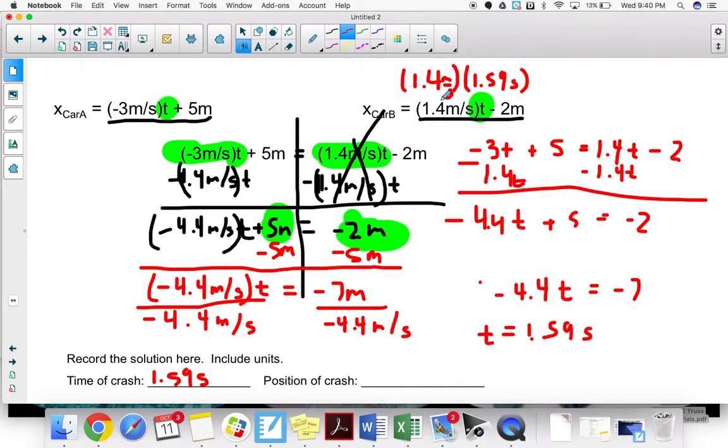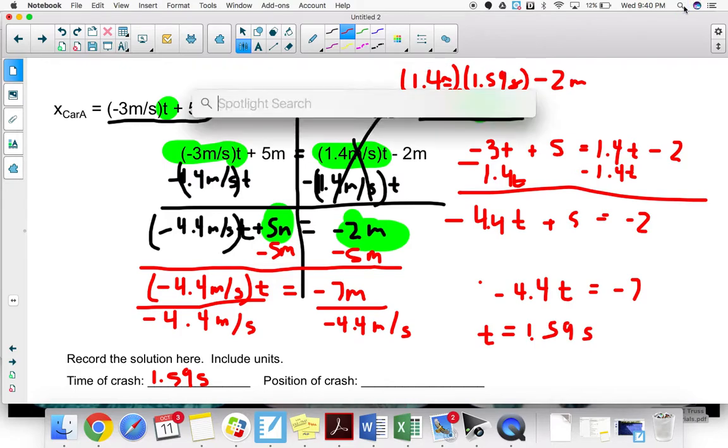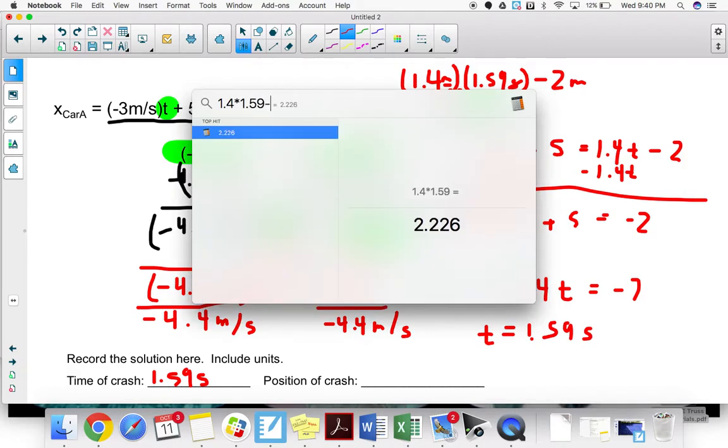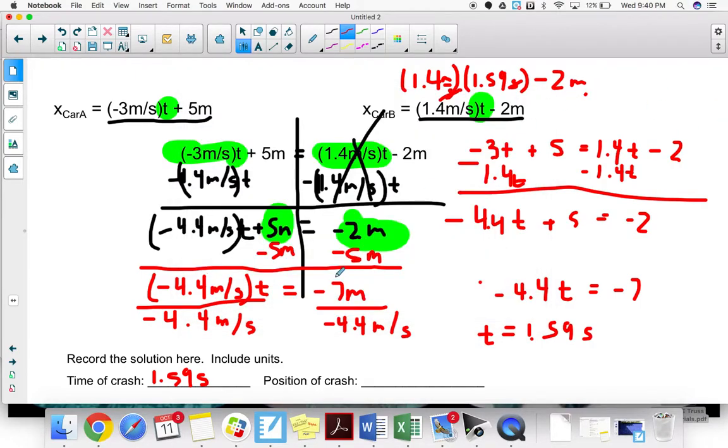And so notice the second unit cancels out. So then we're going to subtract 2 meters. So we'll take 1.4 times 1.59, and then take away 2. And that is 0.226. So I'm just going to round that to 0.23 meters.